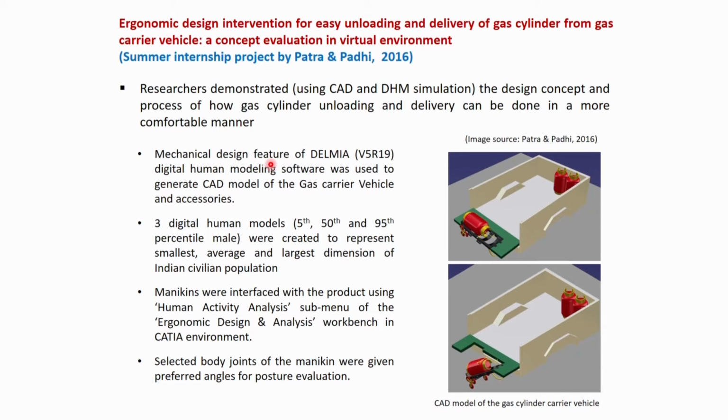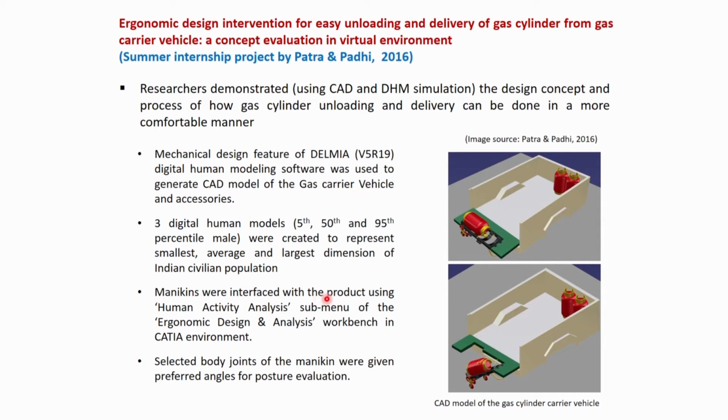The mechanical design feature of Delmia digital human modeling software was used to generate the CAD model of the gas carrier vehicle and accessories. Three digital human models, that is 5th percentile, 50th percentile and 95th percentile male, were created to represent the smallest, average and largest dimensions of the Indian civilian population. So three digital human models, all male, were created.